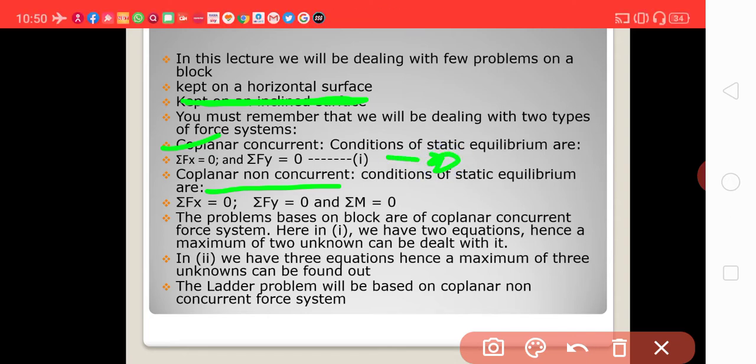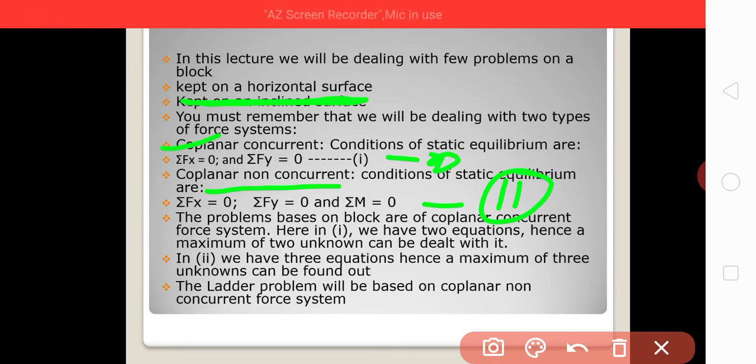Next, for the coplanar non-concurrent force system, the conditions of static equilibrium are summation Fx equal to 0, summation Fy equal to 0, and summation M equal to 0. This is your second equation. You must remember, as you have already studied from 10th onwards, you are solving simple equations of 2 and 3 unknowns.